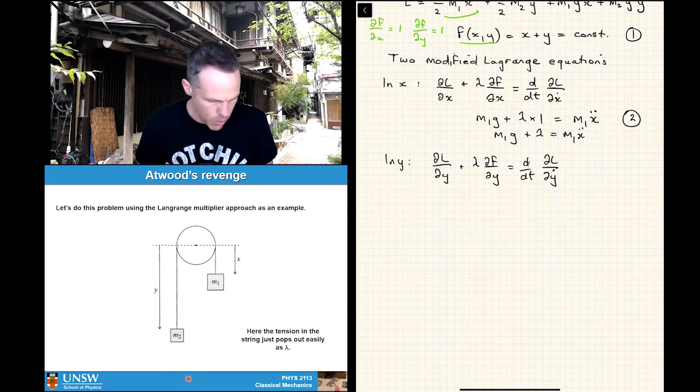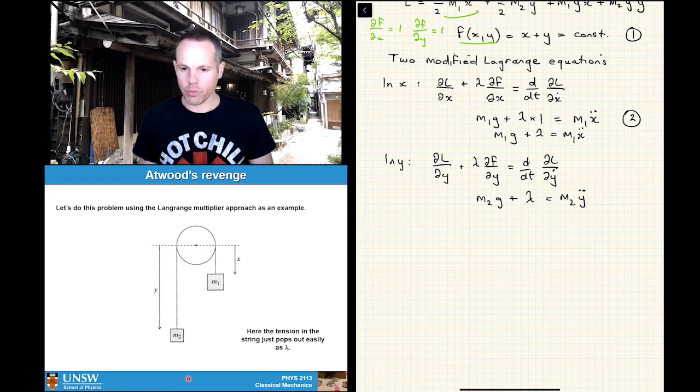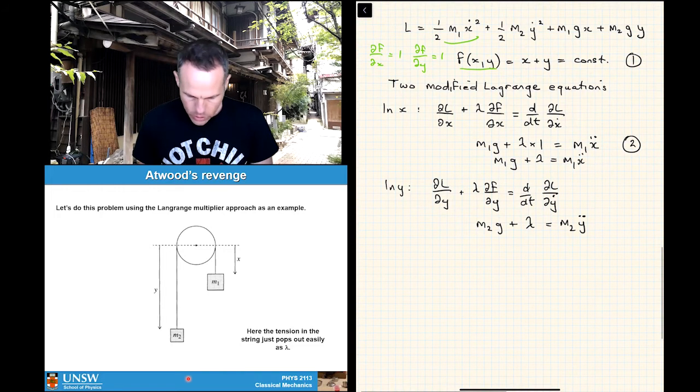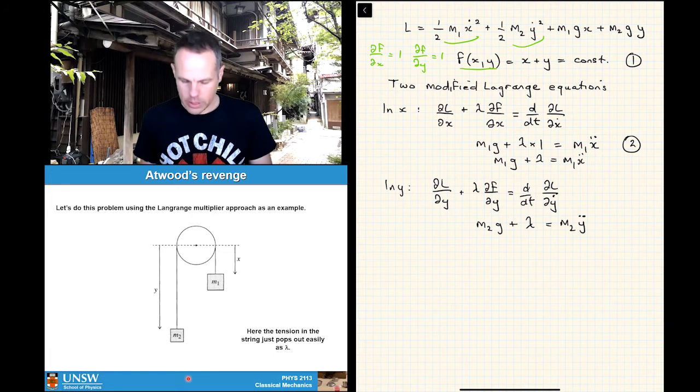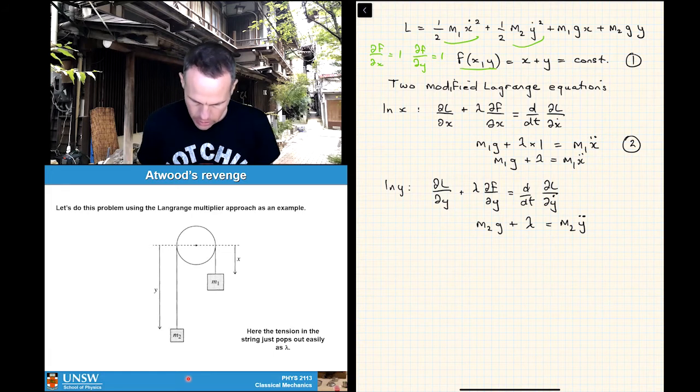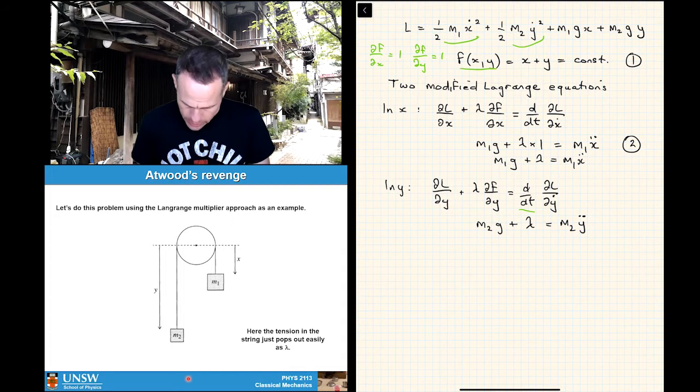And so this will pop out as m2g plus lambda times 1, which is just lambda, is equal to m2 y double dot, with the y dot coming from this term in here, and the second dot coming from the d/dt in the Lagrange equation just here, okay? And we call this one number 3, okay?